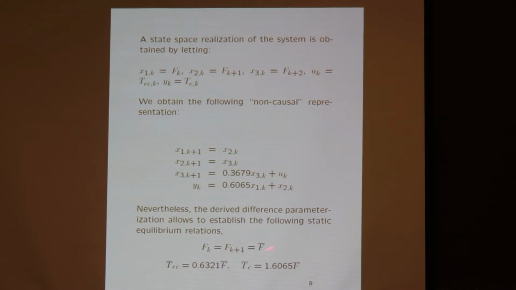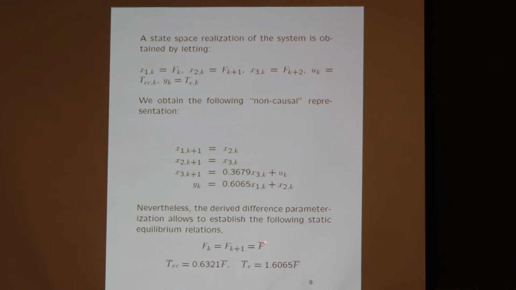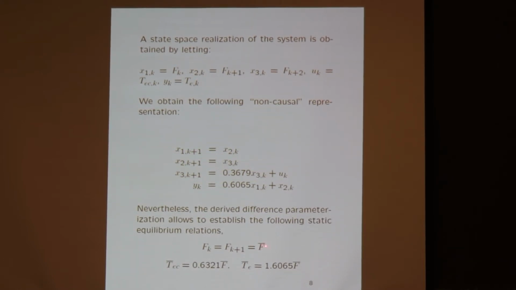But as I said before, the equilibrium conditions can be studied from this. If you have a given equilibrium for the flat output, that will produce a given equilibrium for the input and a given equilibrium for the output temperature.